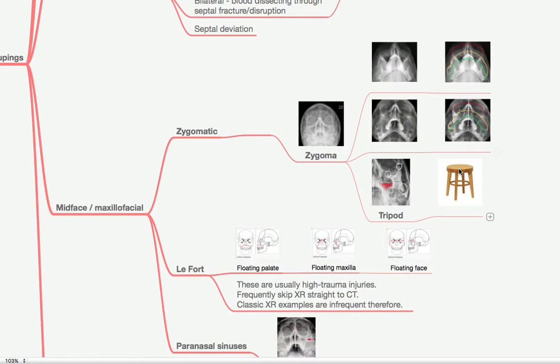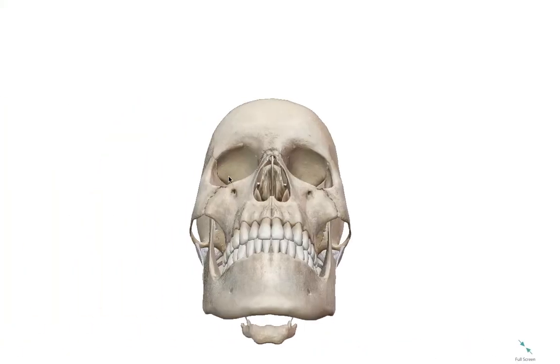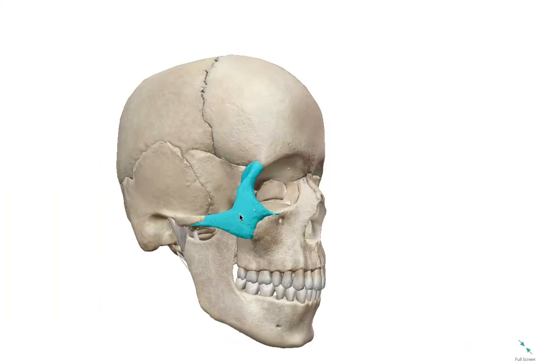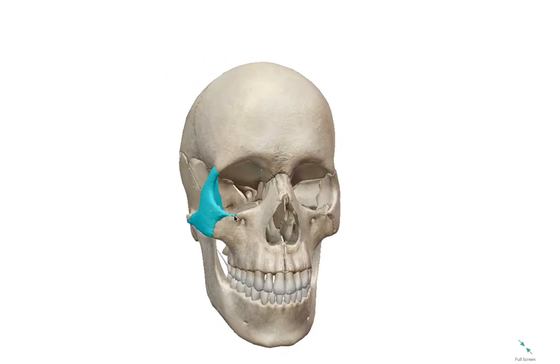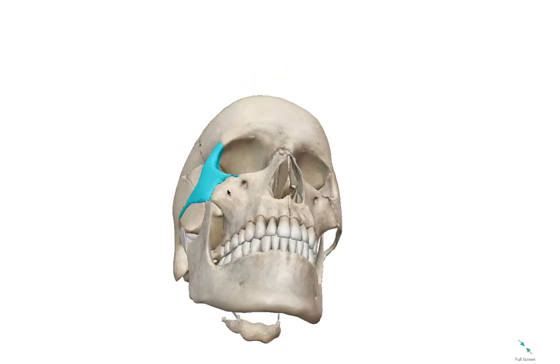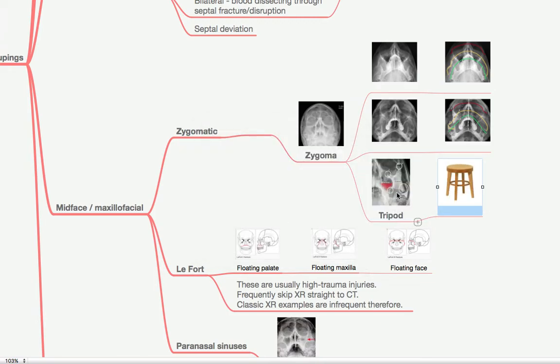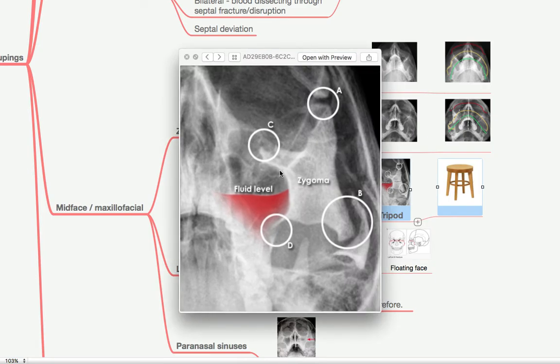If you remember, the zygoma is sort of like a four-legged stool. The reason being is because you've got the zygomatic arch, the frontal process, the orbital floor on the lateral side, and the maxillary process here. That is representative of the four legs of the stool. And you can have something called a tripod fracture.